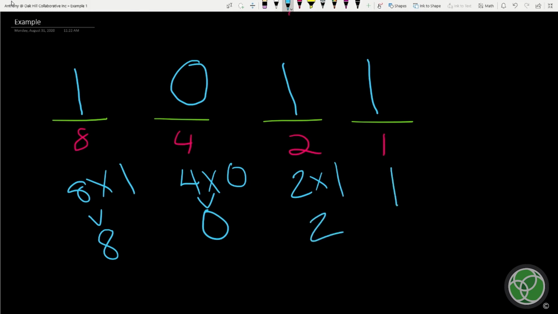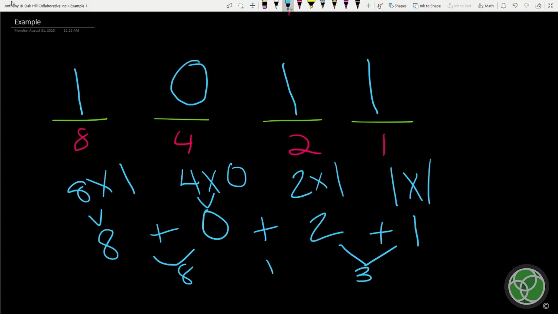And 1, also turned on, 1 times 1 is 1. Now we're going to add all of these together. And we've got 8. 2 plus 1 is 3. 8 plus 3 is 11.